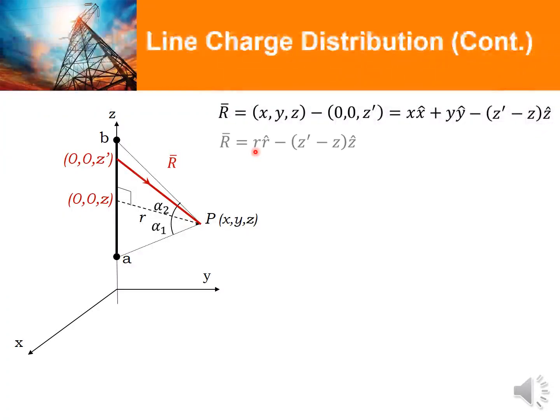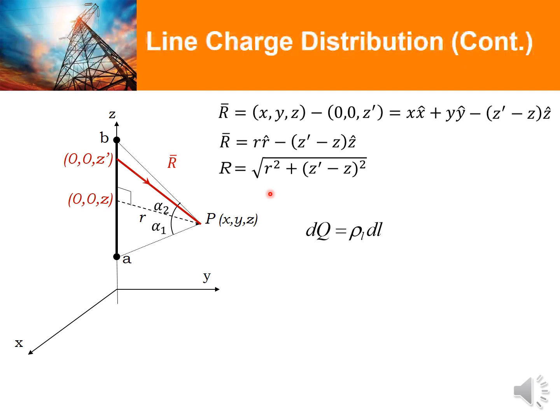In cylindrical coordinates, R has a value of (z prime minus z) in the negative z direction plus r in the r unit vector direction. The magnitude of the vector is as shown.